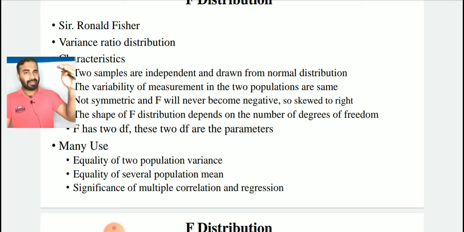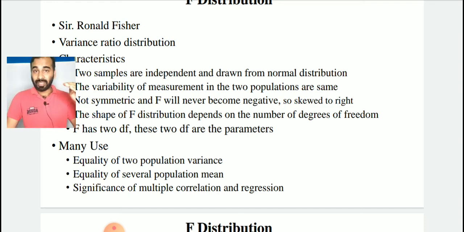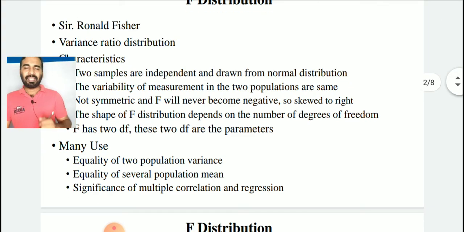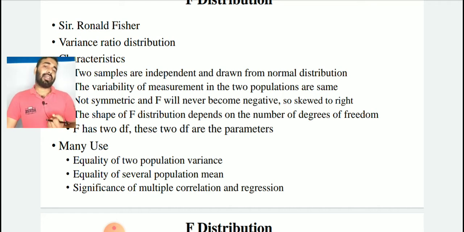So variance and mean can both be compared using the F test, but for means we have to use the F test when comparing more than two different means. And the third one is to check the significance of the correlation and regression coefficients in a multiple correlation or multiple regression test. That we will study when we discuss econometrics. Clear?